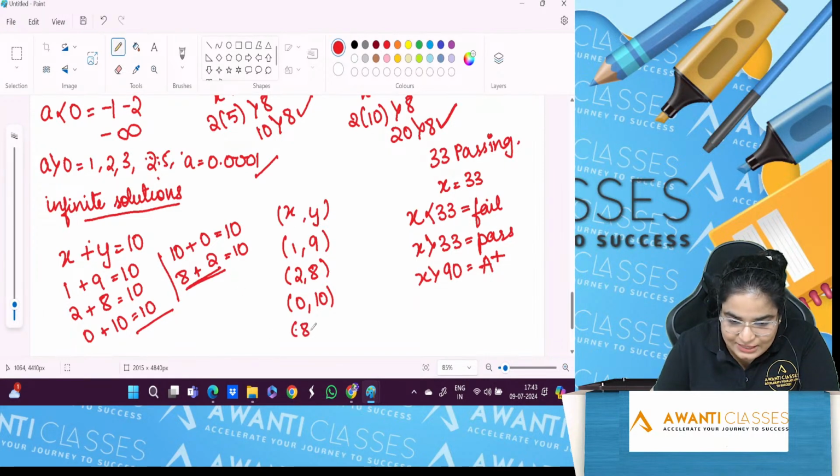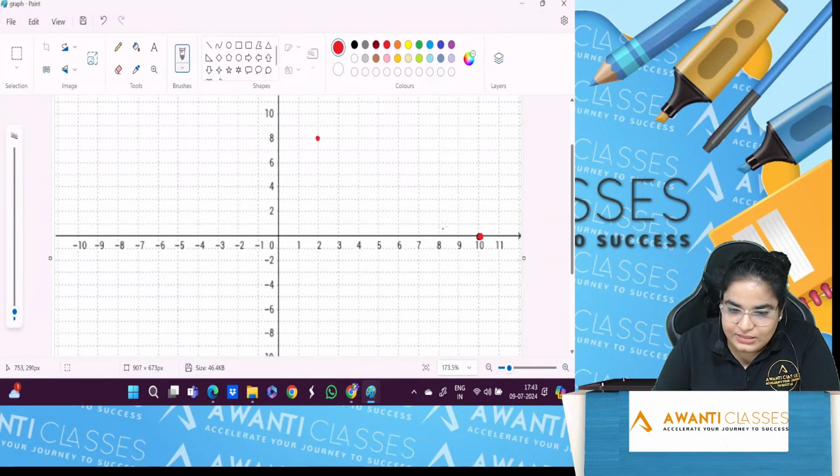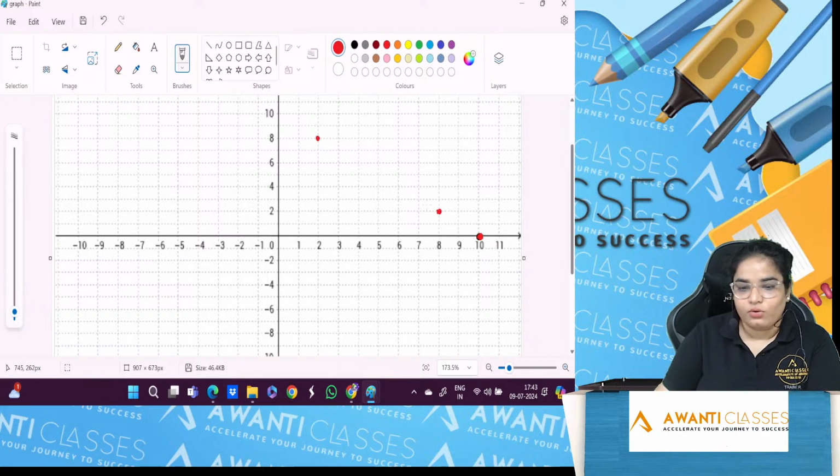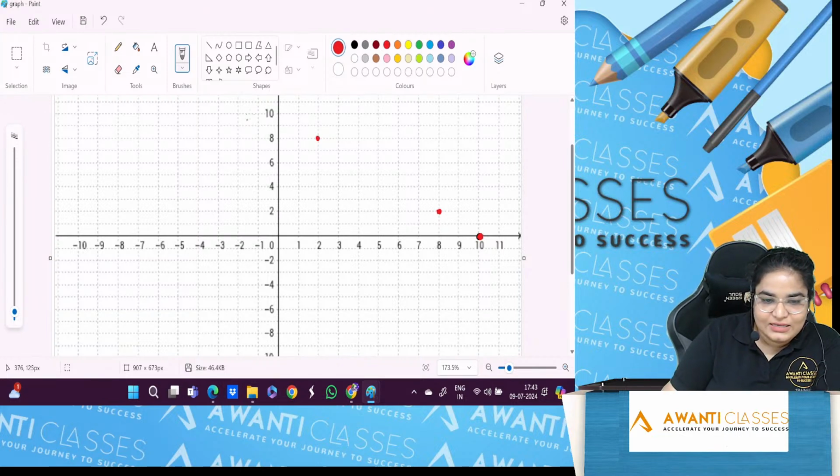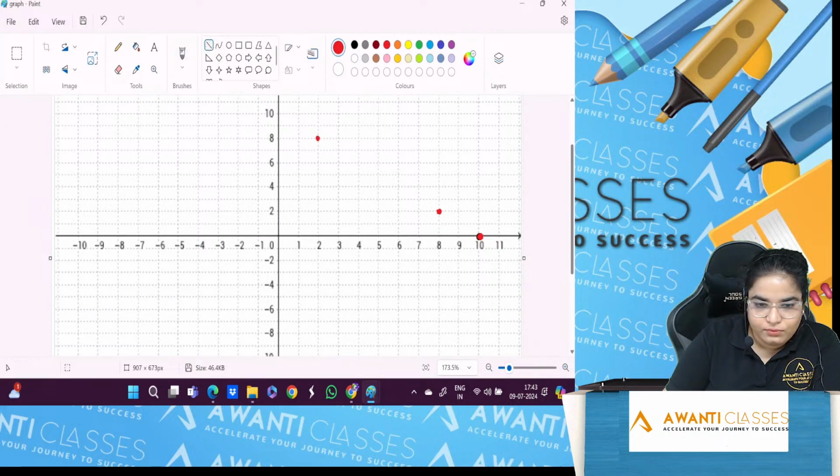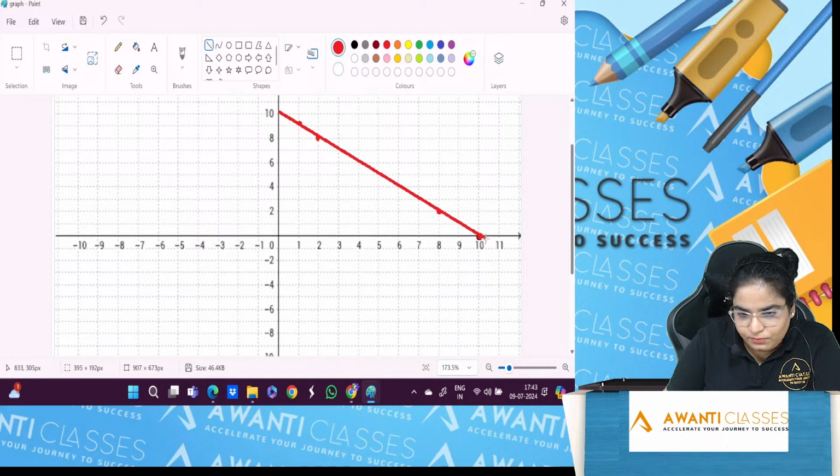If x is 8, y is 2. Why? x plus y should be 10. So 8 and 2. If this is 8, this is 2, it is here. Now, if I want to make a line, won't I make it like this? Yes.